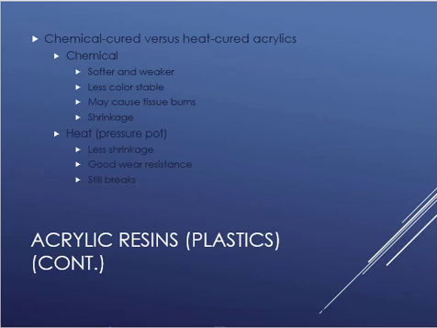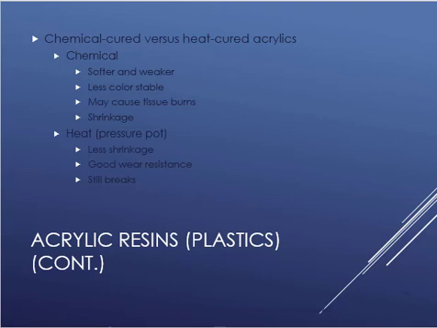The types of processing have some effect on the properties. Keep in mind that polymerization is never 100% complete, and there may be varying amounts of free monomer present in the polymerized material.